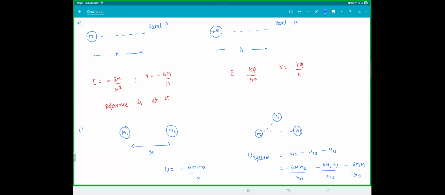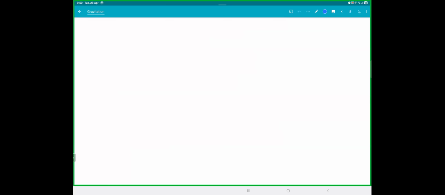All clear with this? Next thing, if you guys remember, field due to a finite rod. Anyone remembers the result? Can you write the field due to a finite rod? I'll give you 30 seconds.